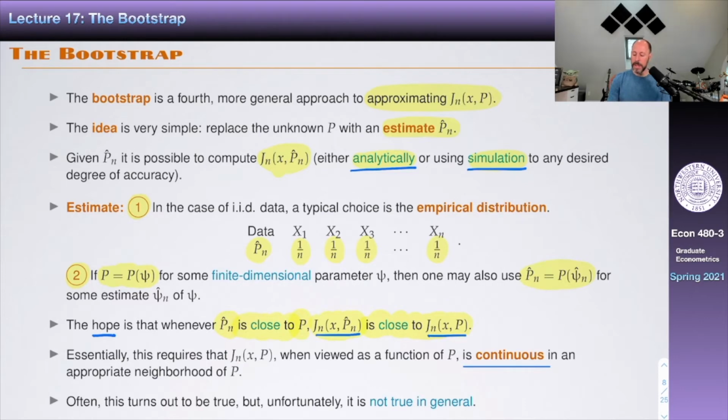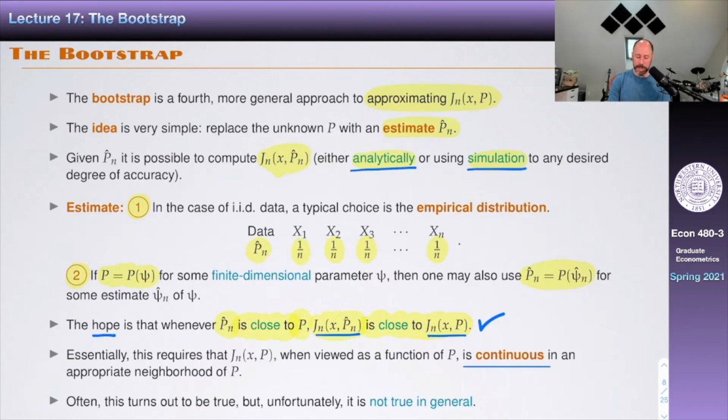I'm not going to get into the technicalities of what this continuity means because P is an infinite dimensional object, it's a distribution. So we're asking for continuity as a function of an infinite dimensional object, but at the end of the day, it's not that different than the usual notion of continuity, which is captured in this sentence over here. That is, if P hat is close to P, you want the function of P hat to be close to the same function at P.